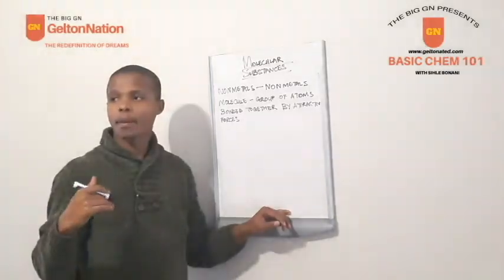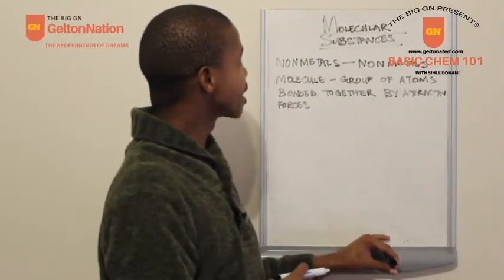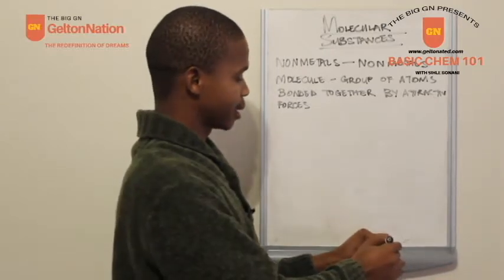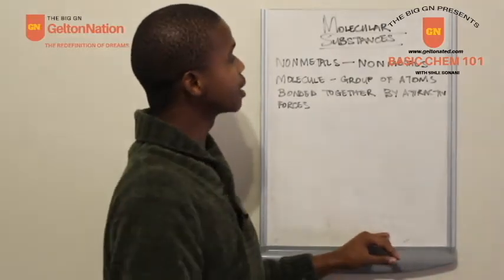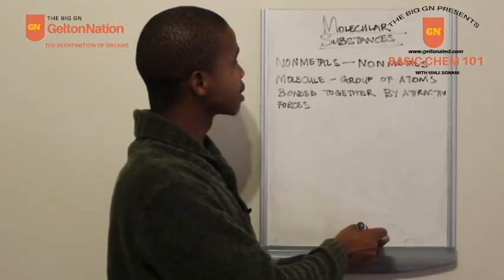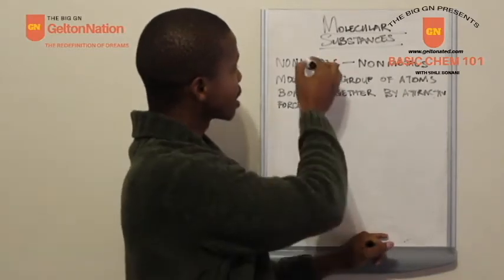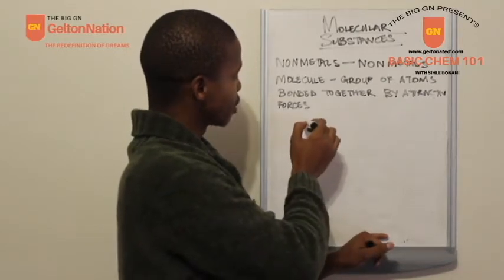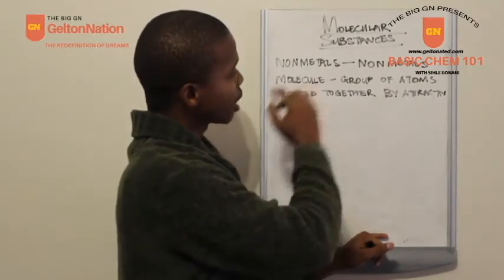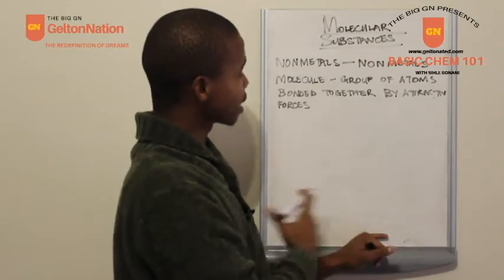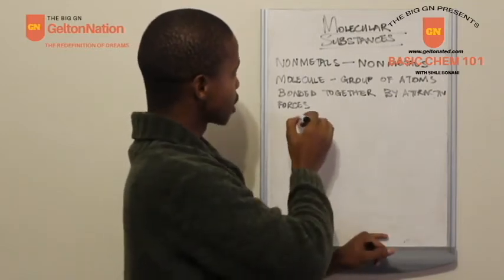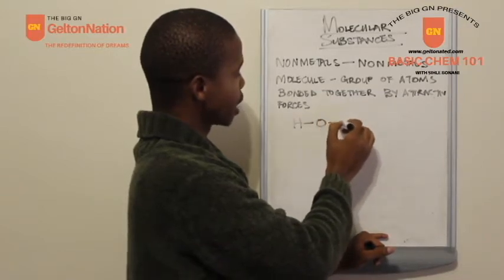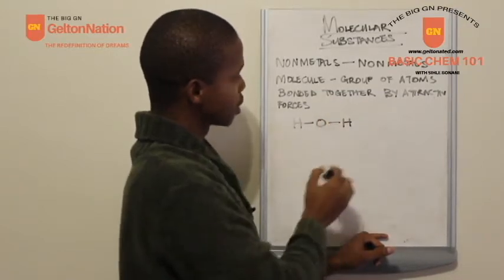Now, for you to understand molecular substances, as we said, it's non-metal bonded to non-metal. You find that they are not just put together randomly. If you're talking of water, you would be talking of H2O.